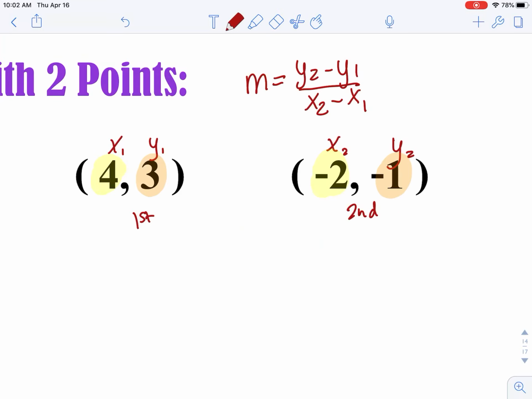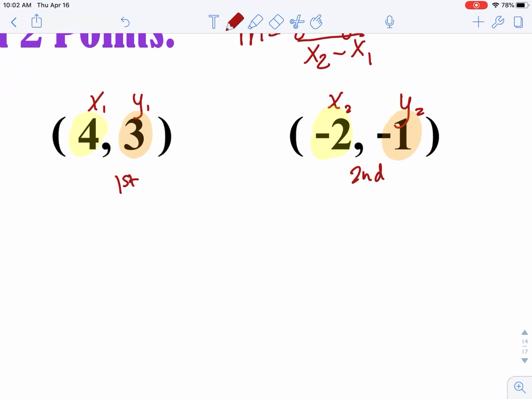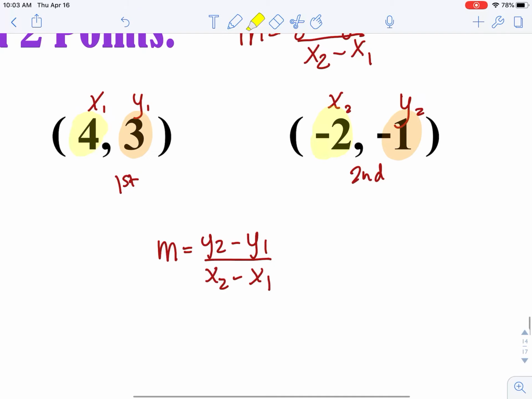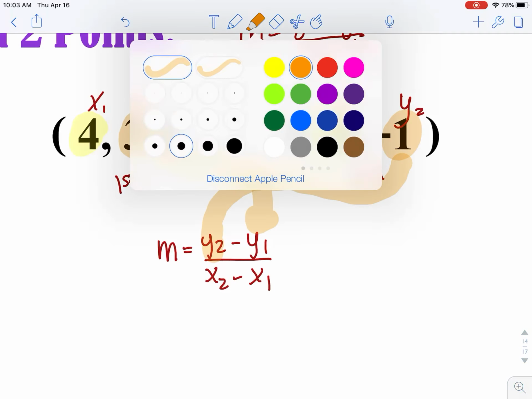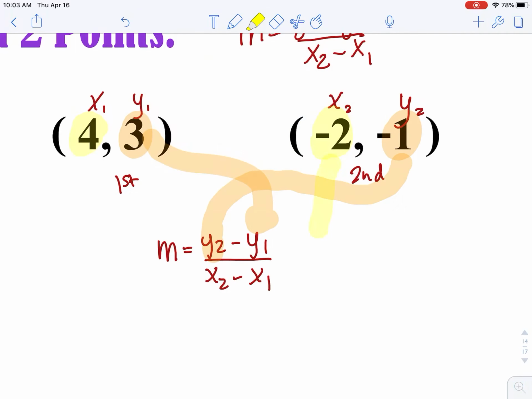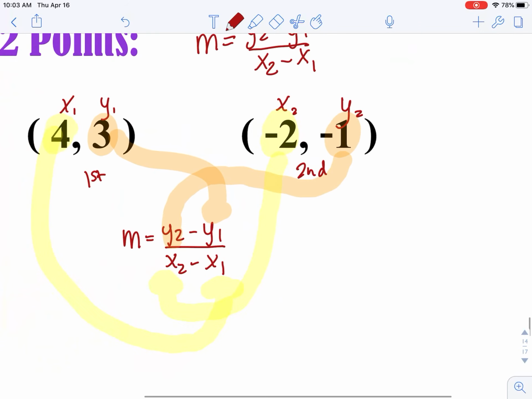It's 4 comma 3 or negative 2 comma negative 1. So here I have m equals y2 minus y1 over x2 minus x1. I'm going to plug this in for my y2 and this in for my y1. And then I'm going to plug this in to my x2 and this into my x1. Now I know that looks confusing, but let's draw it.